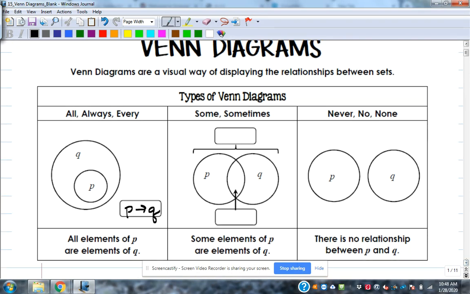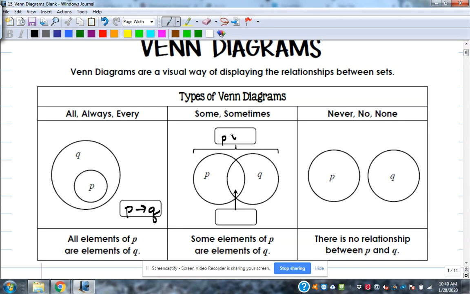And then on the second box, we have a more typical overlapping Venn diagram. That's the one we're used to seeing the most. This upper box is saying the whole picture with both circles all together would be the OR situation.